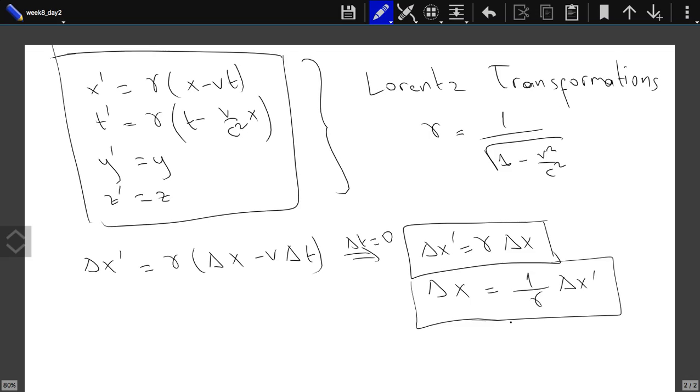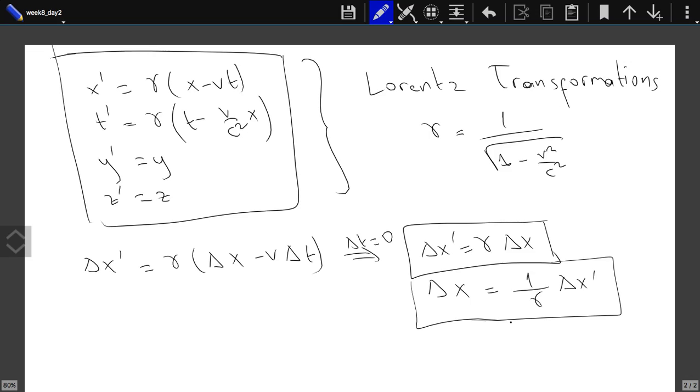That is how we define the length. You see, if this object is moving, and you measure its endpoint at one time and the beginning point at some other time, the difference between those 2 points is not equal to the length, because during that time it moved. You have to measure the starting point and the end point at the same time and measure the separation between those 2 points. That is what we call the length.